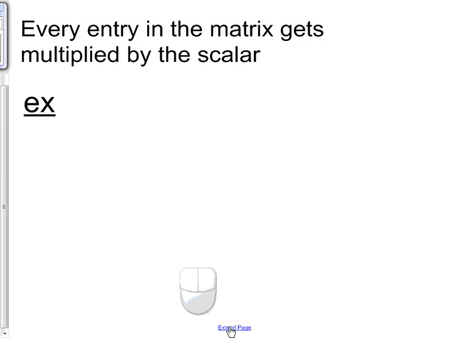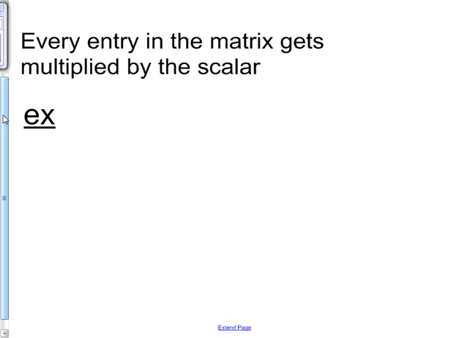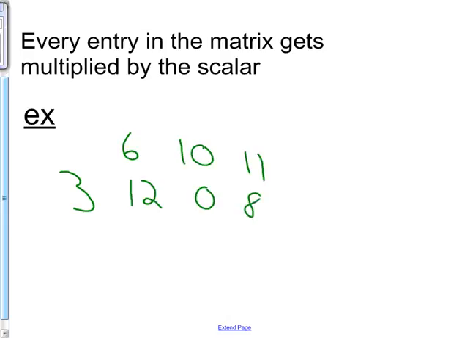So basically, every entry in the matrix gets multiplied by the number. Kind of just like multiplying with brackets. So if we have a number outside our matrix, 3, and we have a matrix like that, the number outside just means we have to multiply that matrix by the number. Each entry in the matrix gets multiplied by 3.